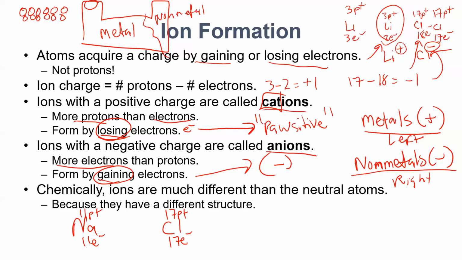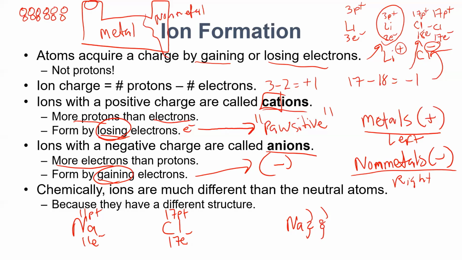Chlorine is a brown, noxious gas that'll kill you. But what happens is sodium, if you look on a periodic table, is in group 1A, which represents the number of valence electrons in its group, period 3. So sodium has 11 electrons: the first 2 are in the first energy level.